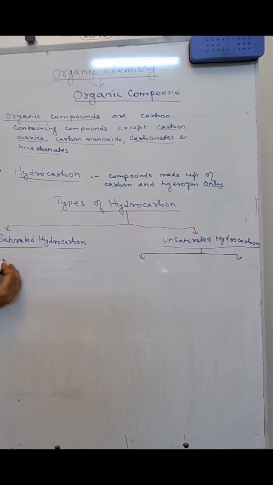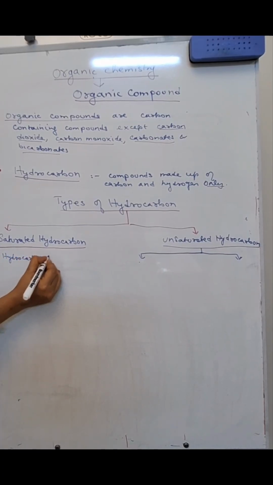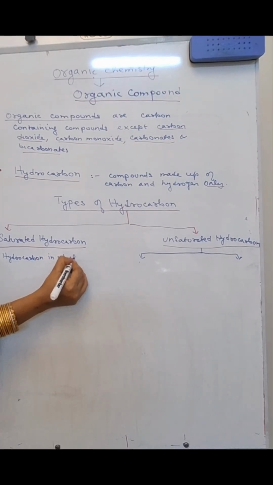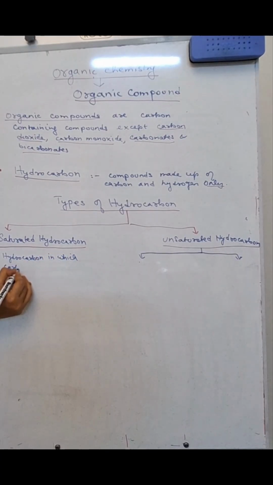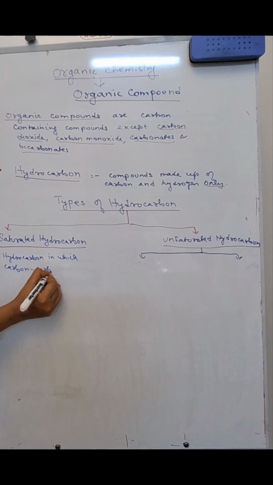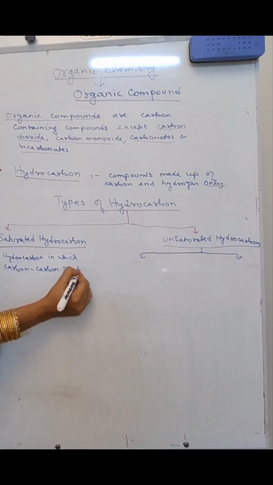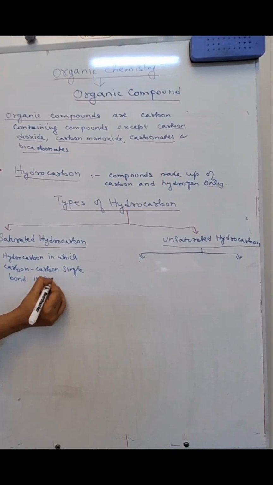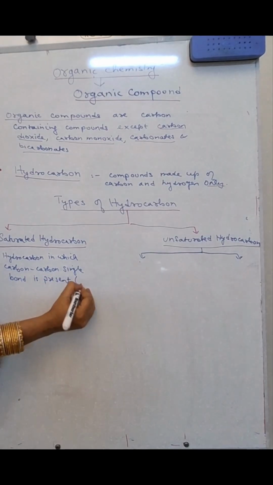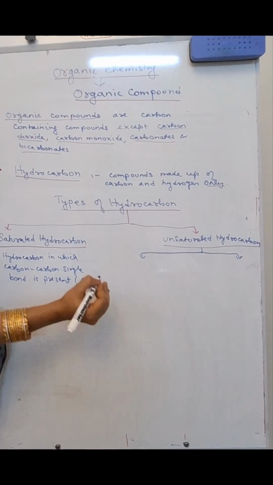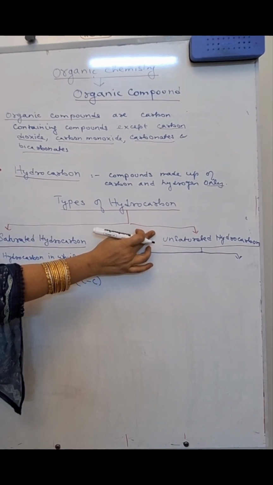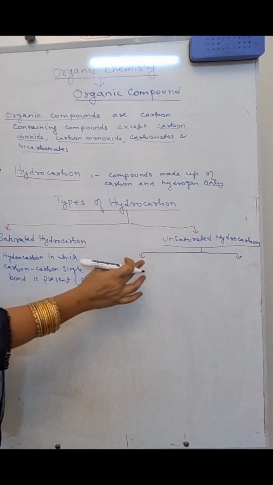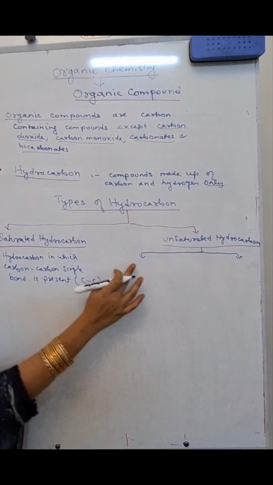Okay, so saturated hydrocarbons are the hydrocarbons in which carbon-carbon single bond is present. Okay, which is represented like this, carbon-carbon single bond. Whereas unsaturated hydrocarbon is further classified into two categories.